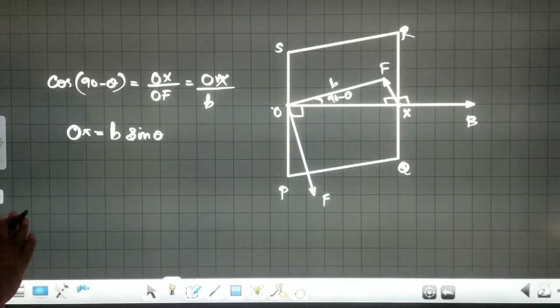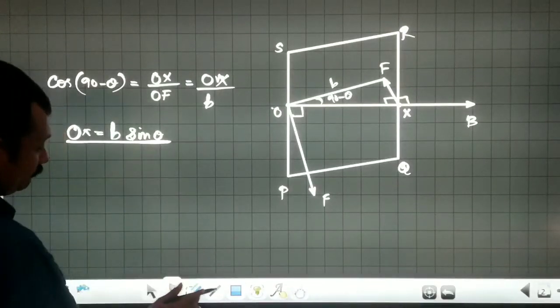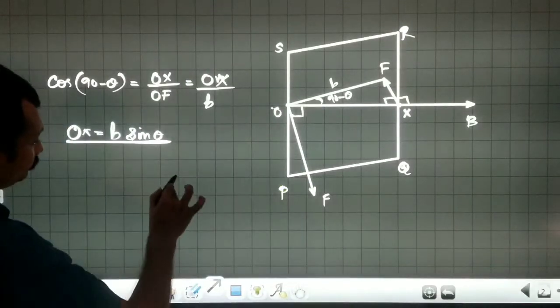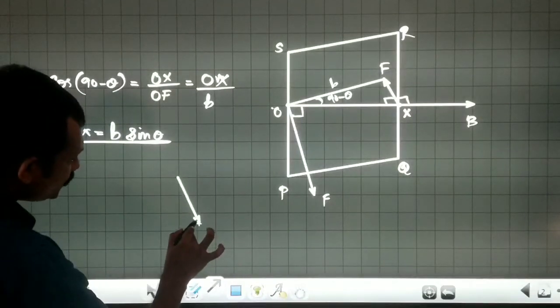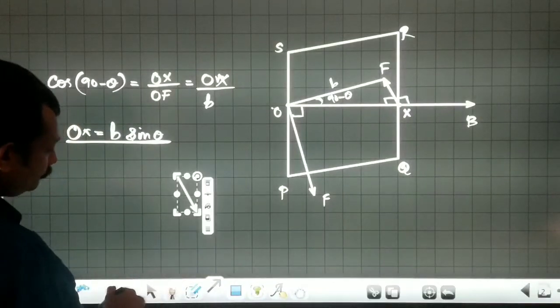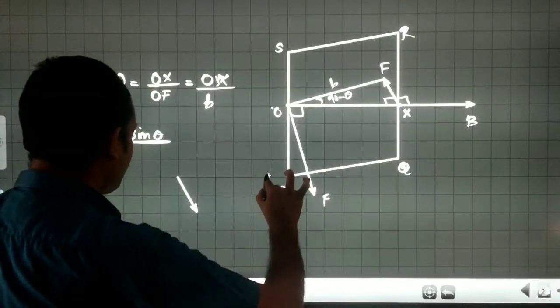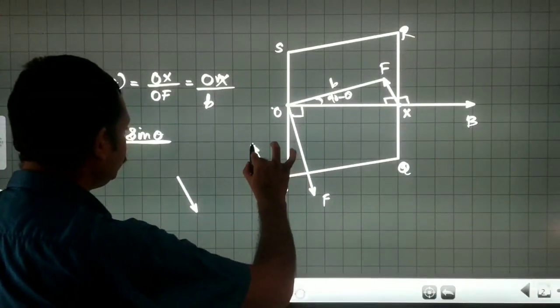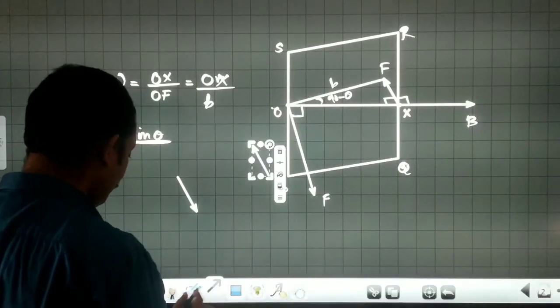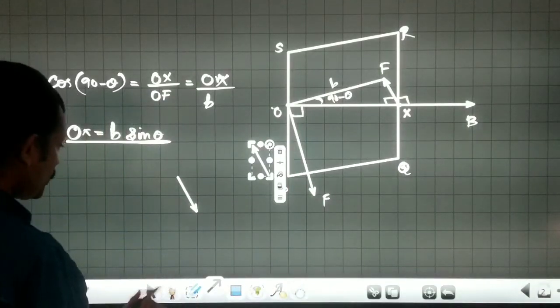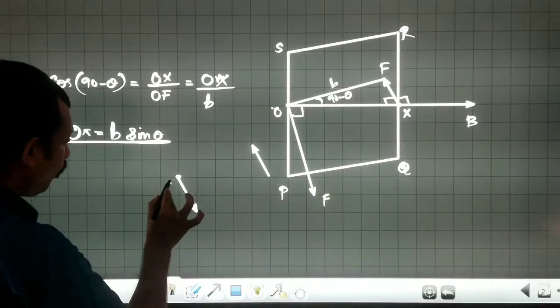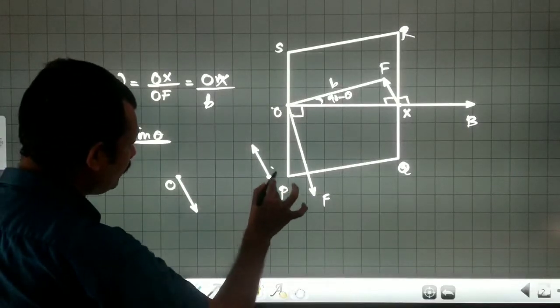B sin theta. Now why did I calculate this one? Now I am showing it. This is one force. This is another force. These are points, acting points are O, X respectively.